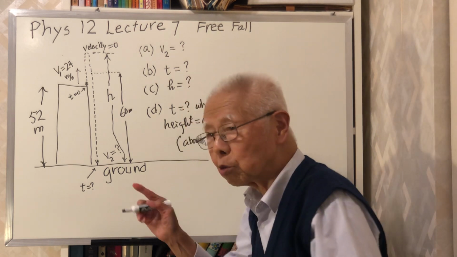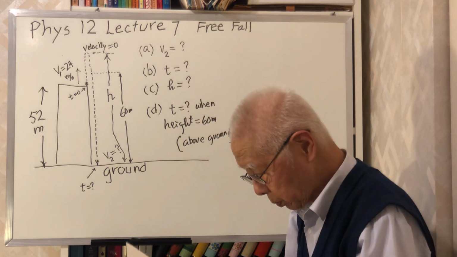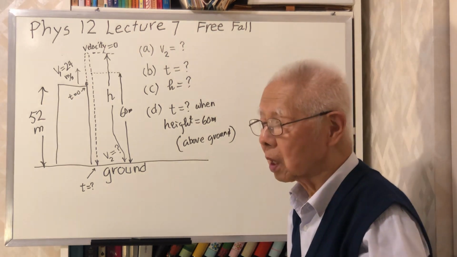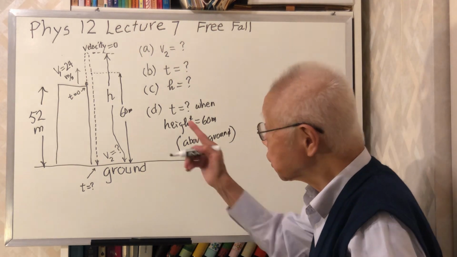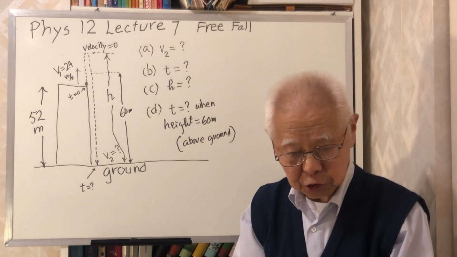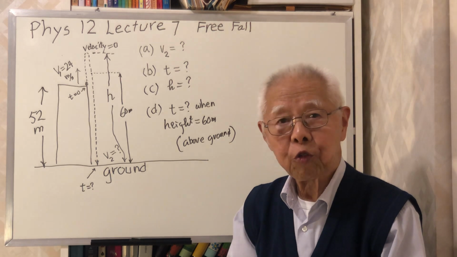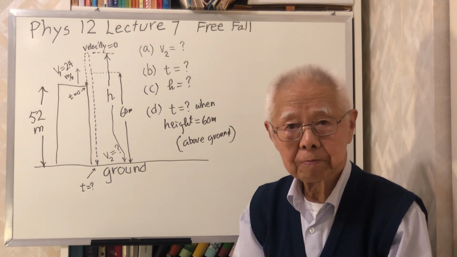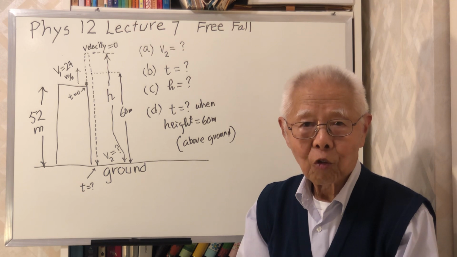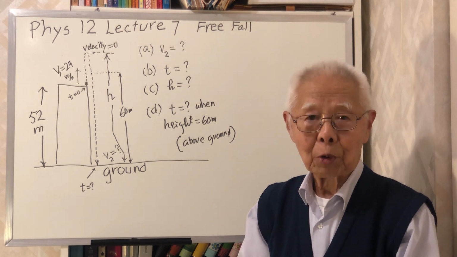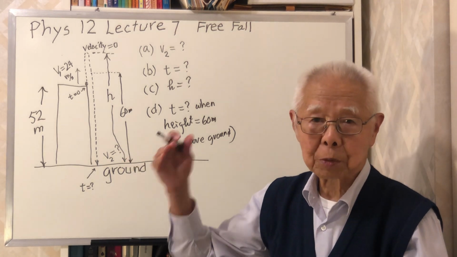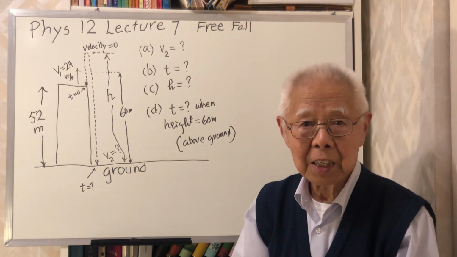So how do we do part A? We need some formulas. This is a problem of kinematics because no force is involved. If forces are involved, we call it dynamics. But there is no force in this problem, so it's kinematics.